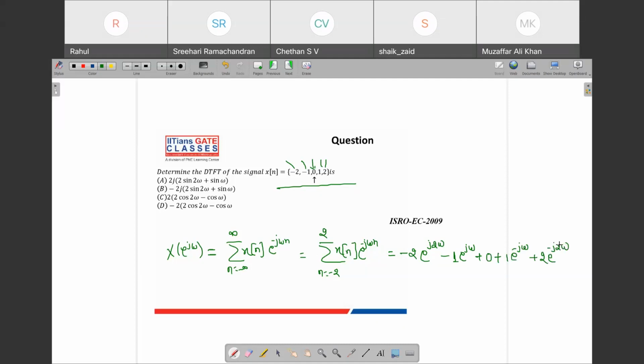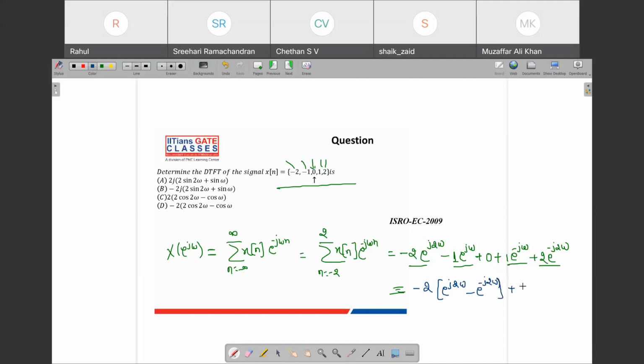So this is the Fourier transform we got, but now you can combine these two, and these two, and get either the sine or cos form. So let's see what we are getting here. When you take the minus 2 common here, you'll get e to the power j2 omega minus e to the power minus j2 omega.